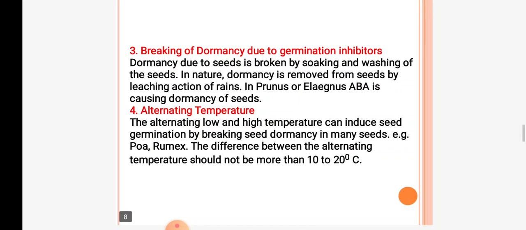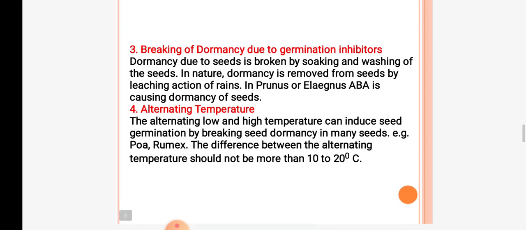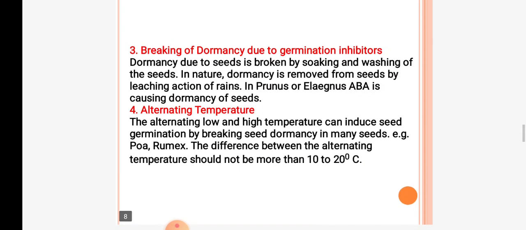In the next method, alternating temperature, we'll see about the breaking of seed dormancy at particular temperature. The alternating low and high temperature can induce seed germination by breaking seed dormancy in many seeds, for example, Poa and Rumex.